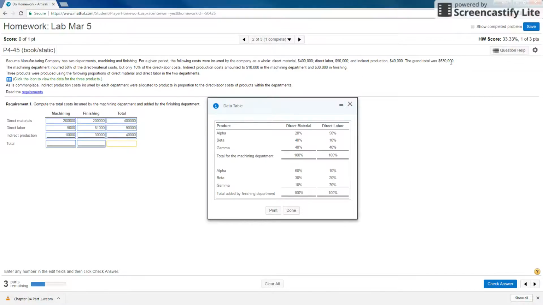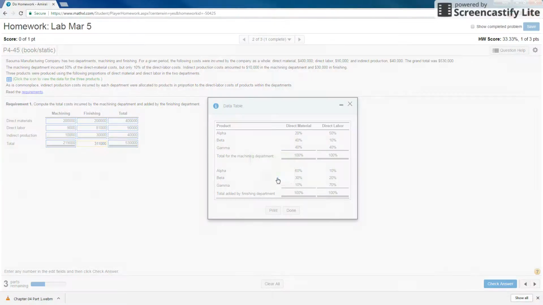And the question again says the total is $530,000. And I have to add these numbers together. So it will be 219,000 and it will be 311,000. Great.